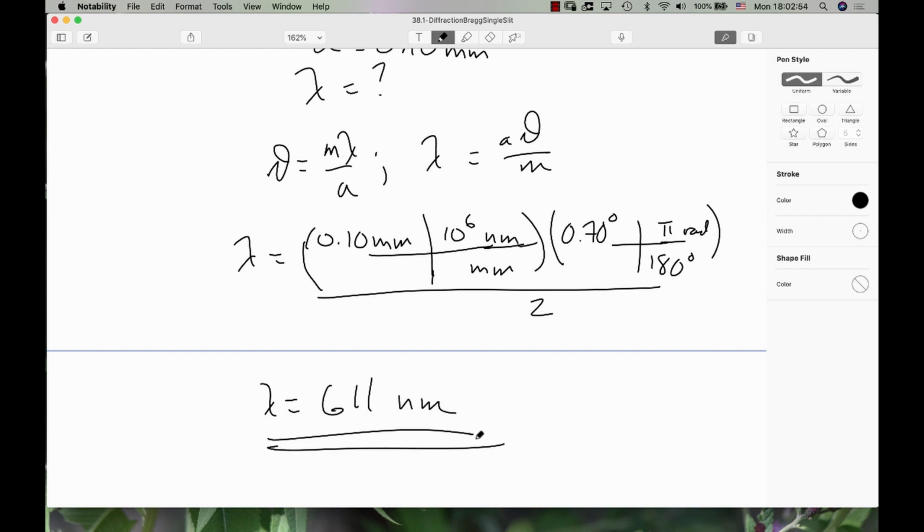And so this is a way that we could measure the wavelength of some unknown light.